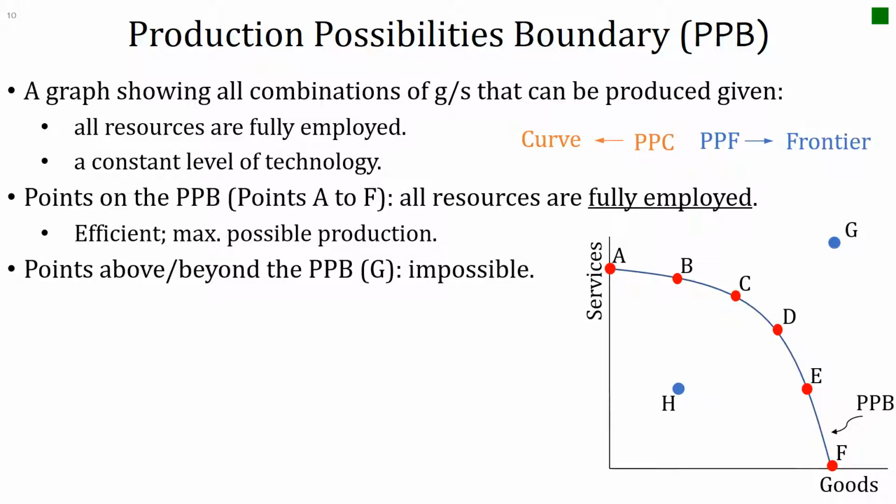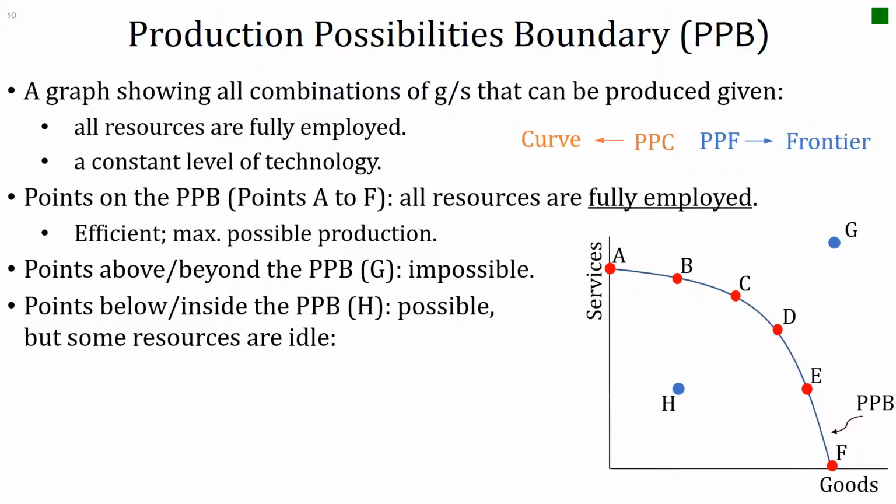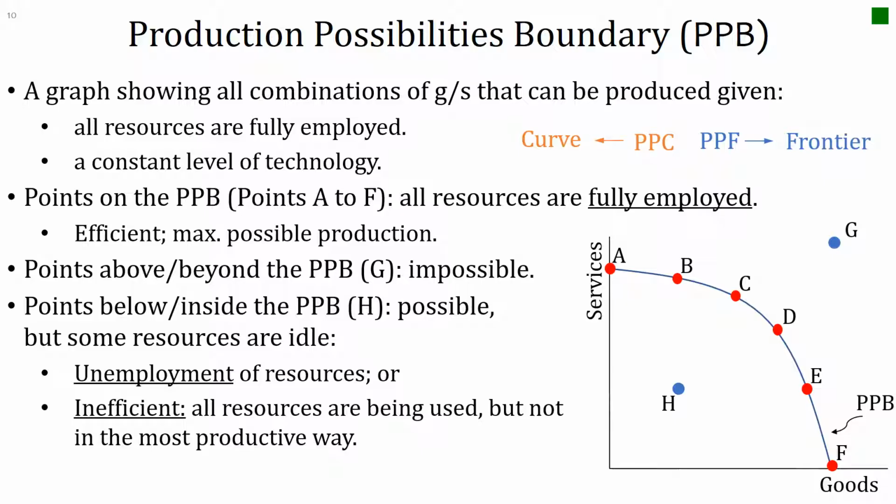If you look at a point like H inside, these points are possible, but some resources are idle. Idle means not working, not being used, sitting around, not doing anything. And that could be either of two things: either unemployment of resources, so you're not using your resources, or inefficient use of resources. So you are using your resources, but not in the best and most productive way, as opposed to efficient. Efficient means that you're not wasting anything. So this should sound familiar. Write this down and draw a diagram for yourself.